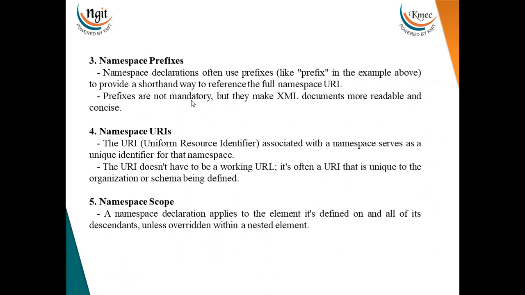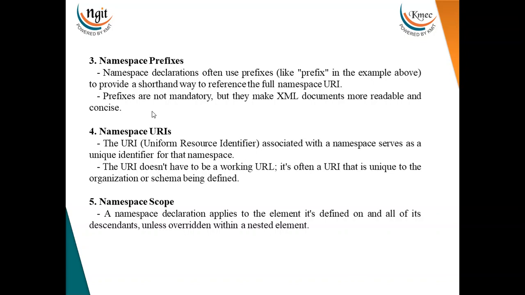Instead of the full URI of the XML document you are trying to reference, you can give a prefix, and the prefix will tell which file that element refers to. In that way we are making use of a shorthand.